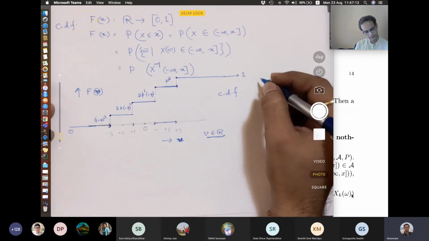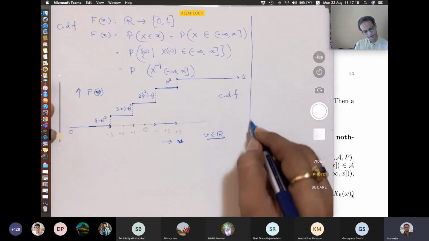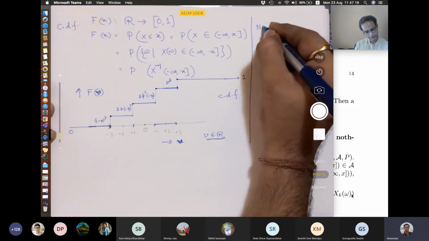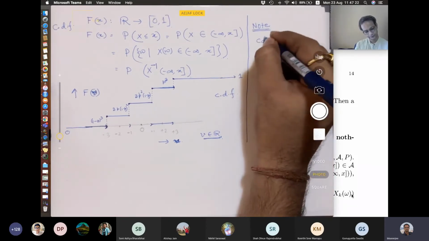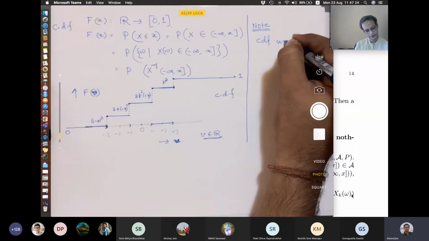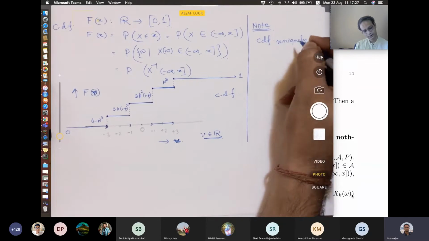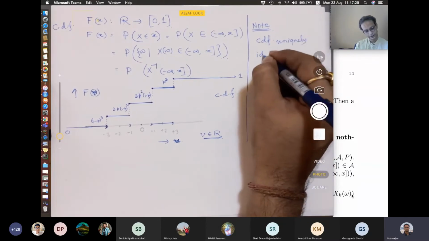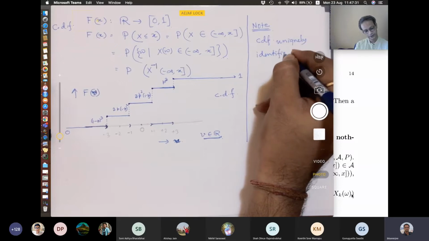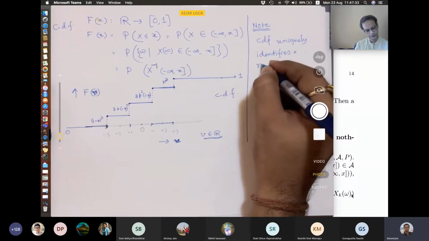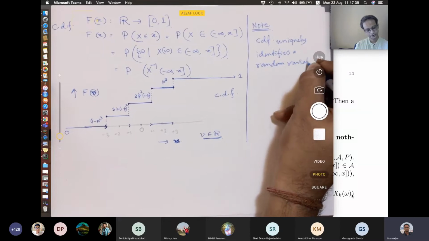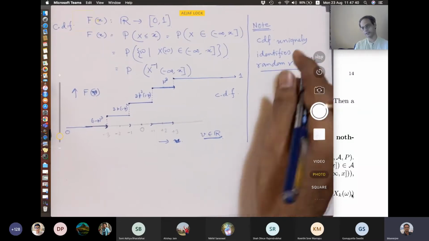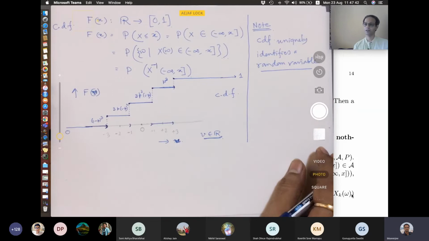So this is the important note: the CDF uniquely identifies a random variable. That means you know everything about the random variable if you know its cumulative distribution.